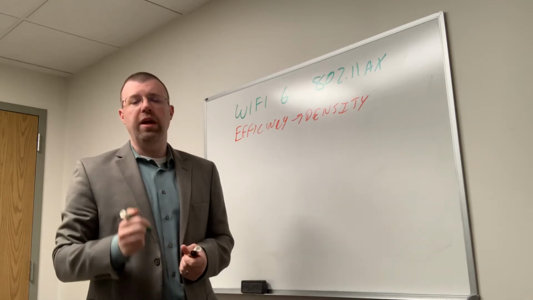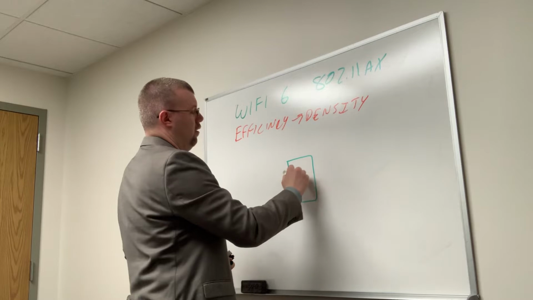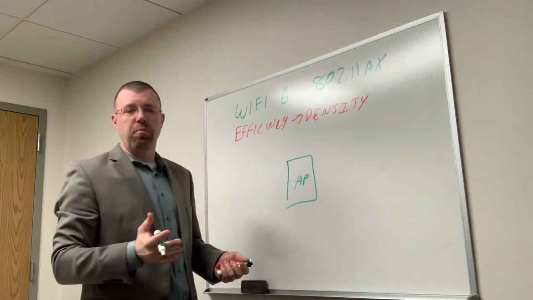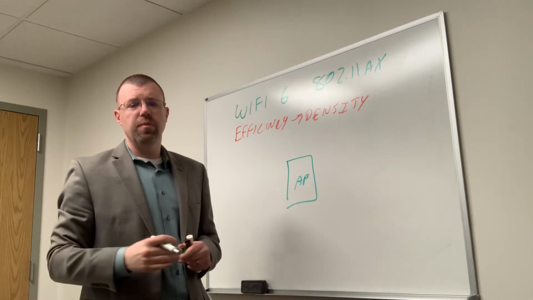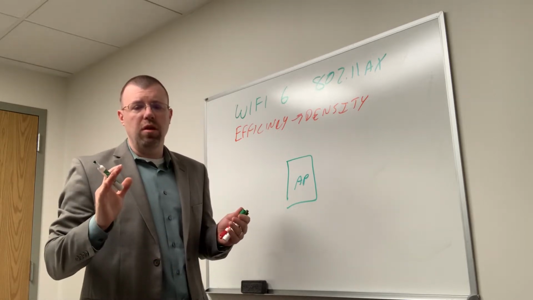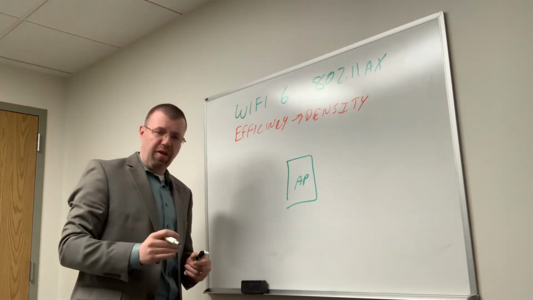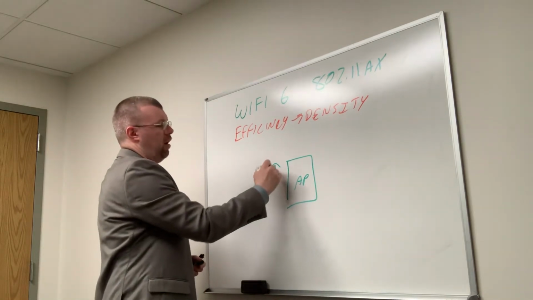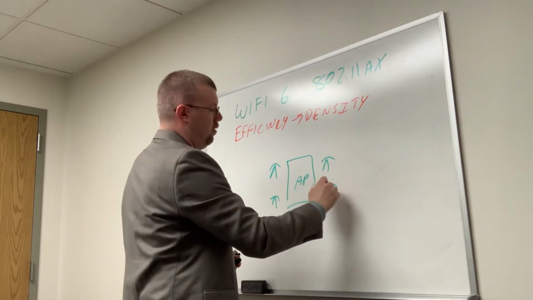So let's talk about radios and spatial streams. If you have an access point, which is the device that communicates on the Wi-Fi environment, each access point has a number of radios. Today's standard with Wi-Fi 5, APs can have up to 4 radios.